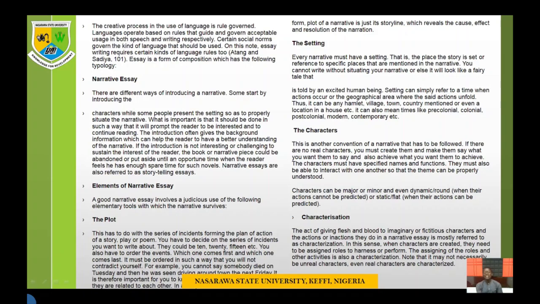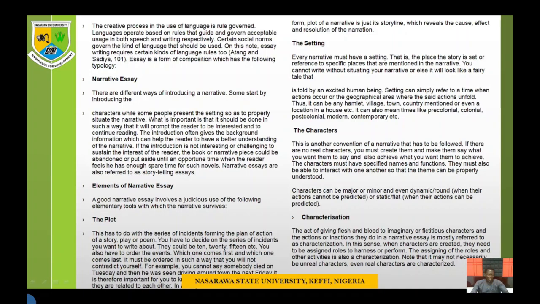So you have to decide on the series of incidents you want to write about. There could be 10, there could be 20, 15, etc. You also have to order the events in such a way that they follow what we call sequential or chronological order. Sequential based on time, chronological based on happening.